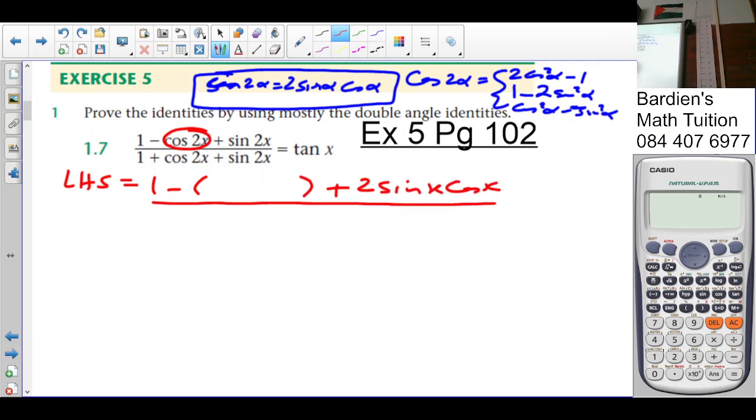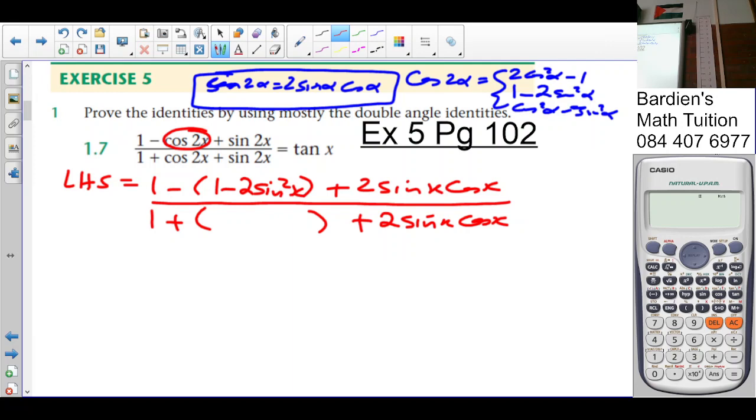Which one are we going to choose? The one that you can cancel the 1 by, not so? And which one would that be in the numerator? Sorry? 1 minus 2 sine squared x.